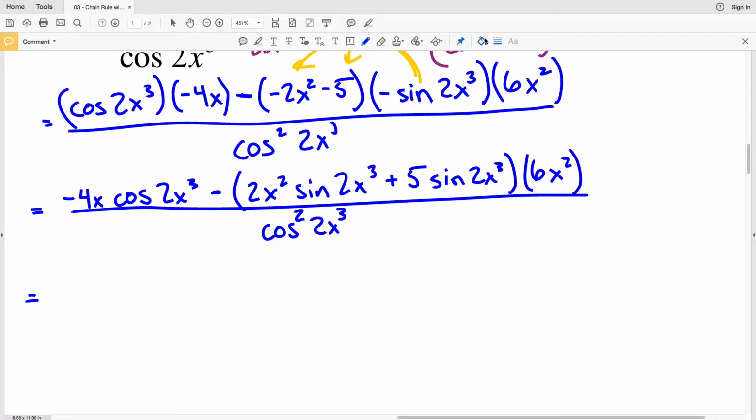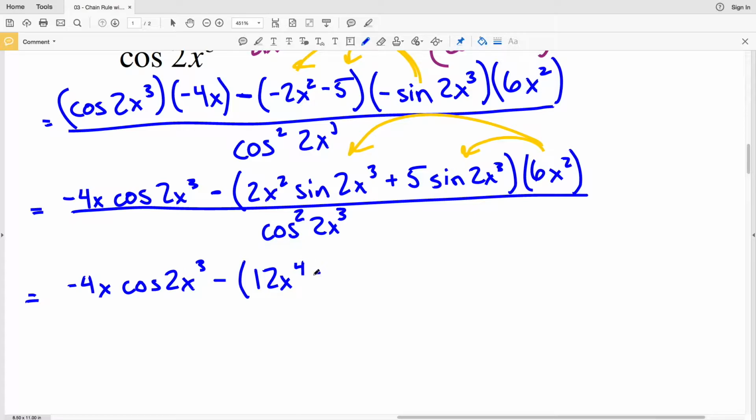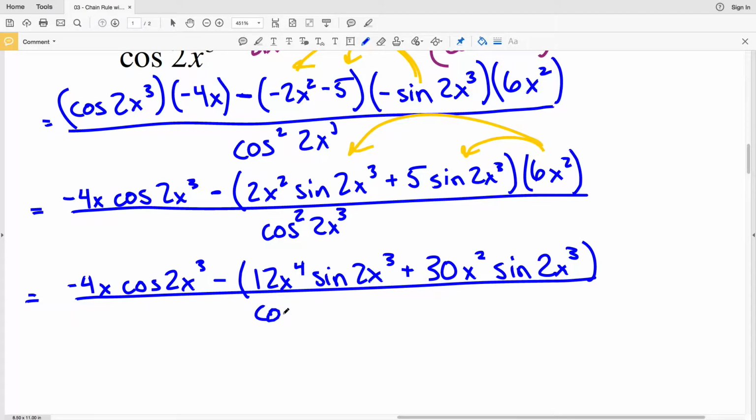So in my next step, I'll be distributing 6x squared to give me negative 4x times the cosine of 2x cubed minus 2x squared times 6x squared is 12x to the fourth times the sine of 2x cubed plus 6x squared times 5 will be 30x squared times the sine of 2x cubed. And that's all over the cosine of 2x cubed squared.